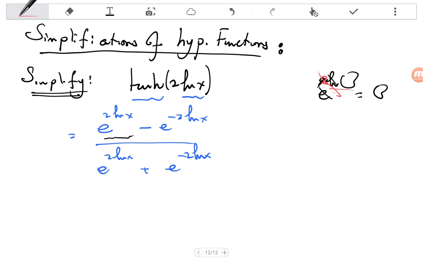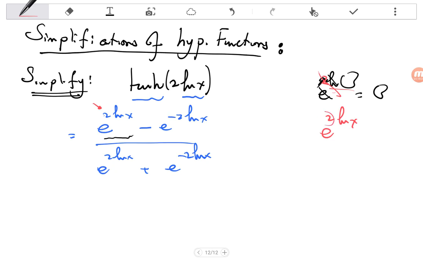E directly operates on the ln. But in this case, there is some separator between the exponential and the ln. So could I make a simplification for this expression?